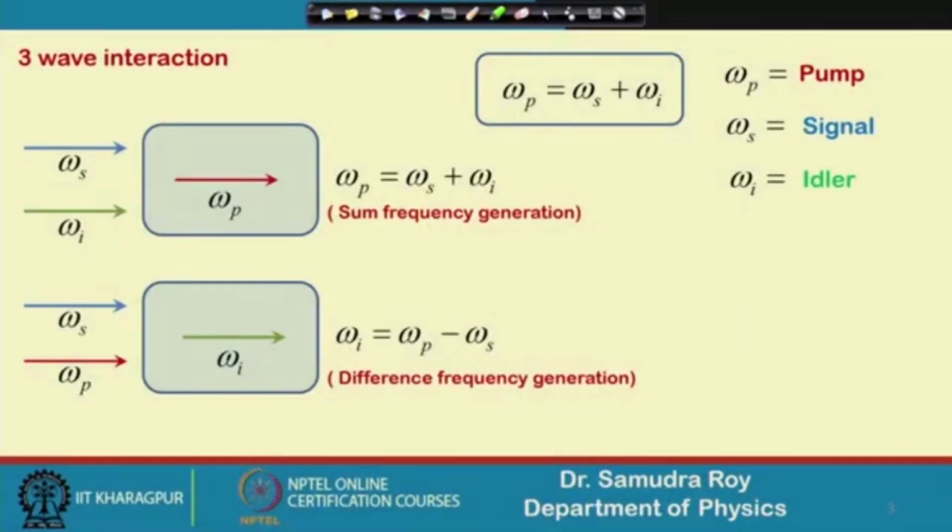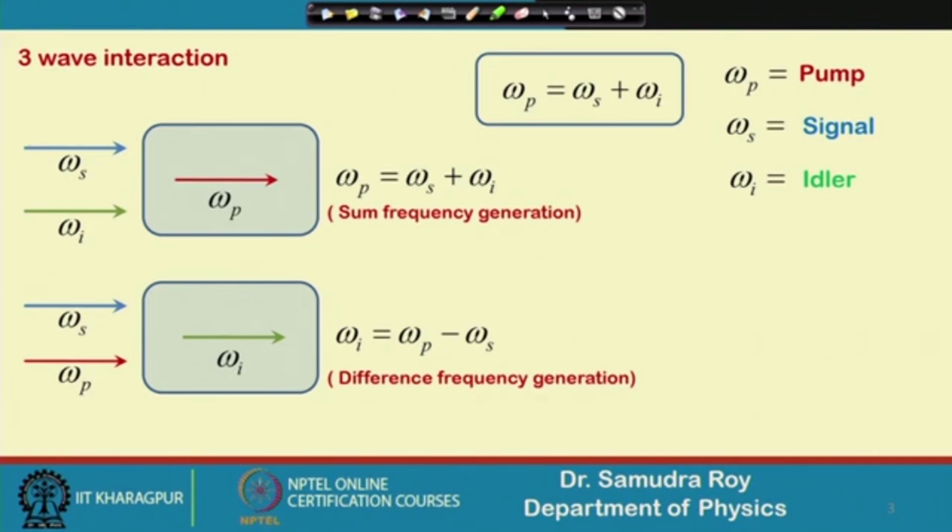So, let us go back to our slides. In three-wave interaction we introduce some nomenclature, and this nomenclature is very important. We call omega p the frequency of the pump, omega s the frequency of the signal, and omega i the idler. They are related by a very simple equation: omega p is equal to omega s plus omega i.